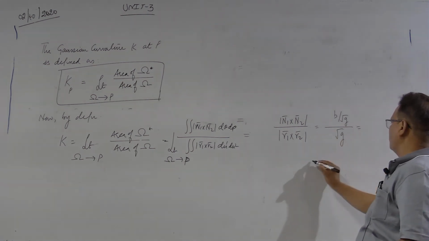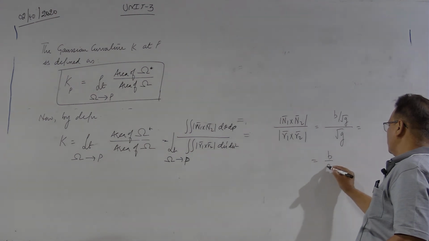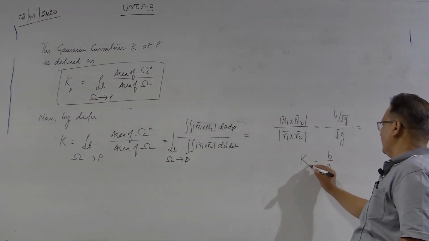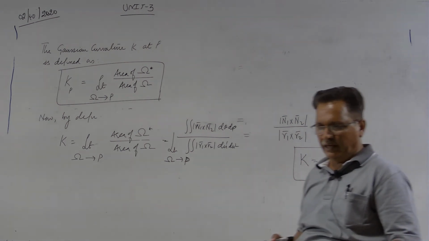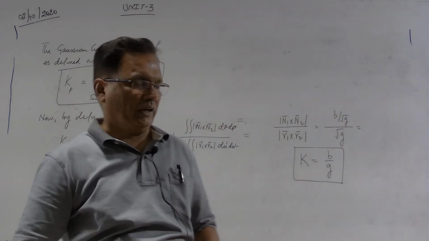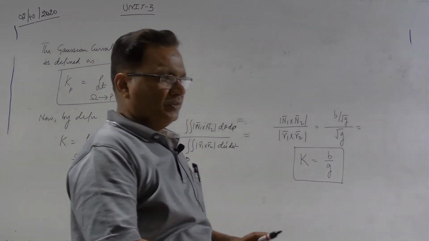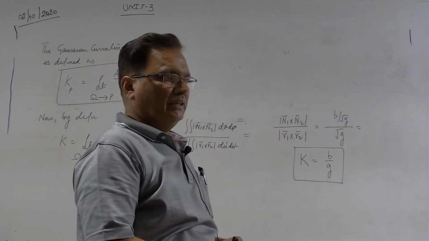So, it becomes simply b upon g. So, the Gaussian curvature k is given by the formula b upon g, k is equal to b upon g. I stop at this point, we will be solving exercise on it in our next lecture.